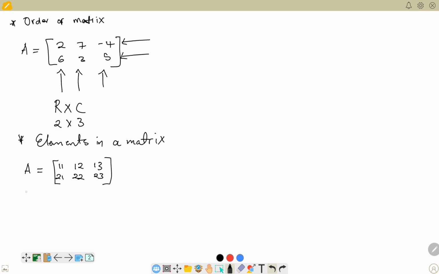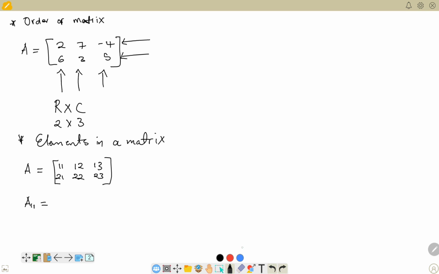So how do we identify the elements? If you are asked to identify, this is a simple question. Obviously you won't be asked, but it's important that you know how, because you will use it in the future. So identify element A11.